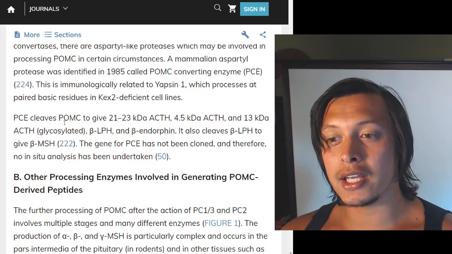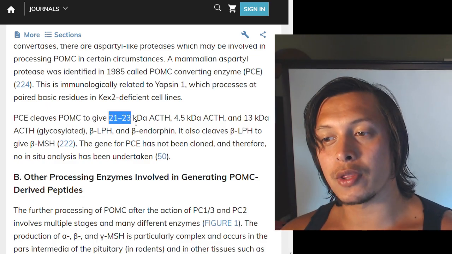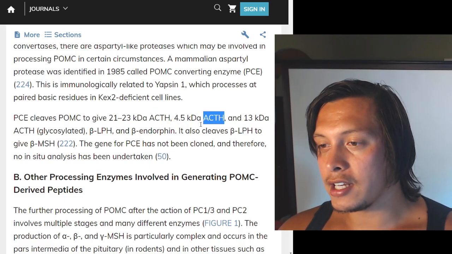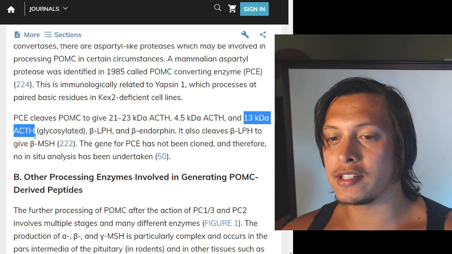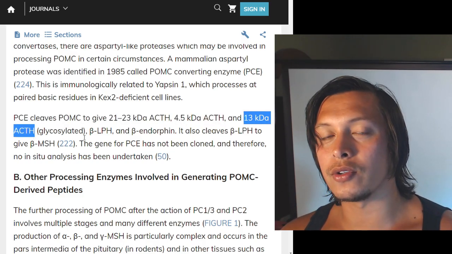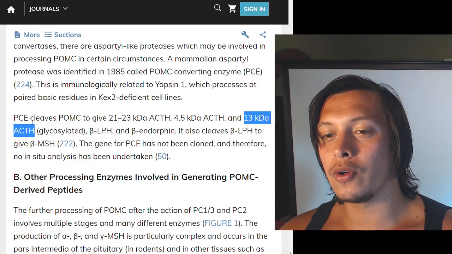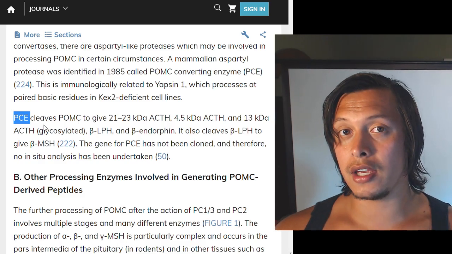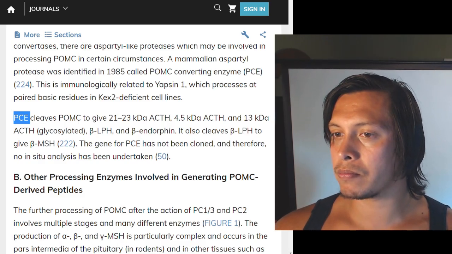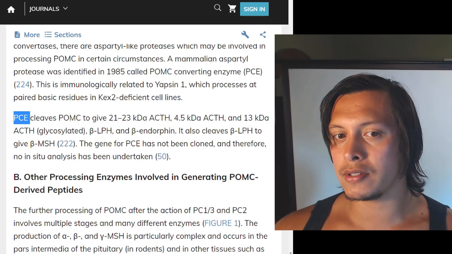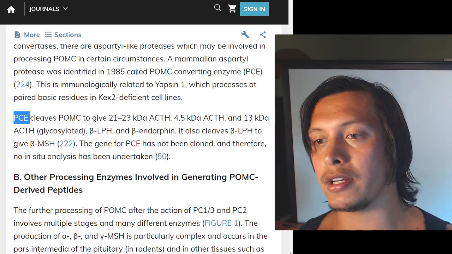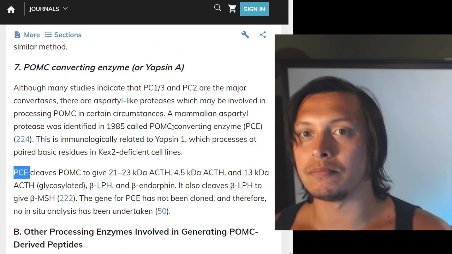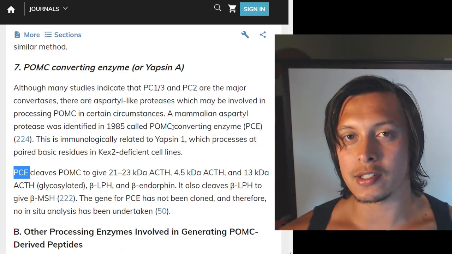So, POMC converting enzyme cleaves POMC to give 21 to 23 kilodalton ACTH, 4.5 kilodalton ACTH, and 13 kilodalton ACTH, which is glycosylated. So there's a sugar that's added to it. So PCE has the ability to replace, it might be PC13, or at least do some of the same functions as PC13.